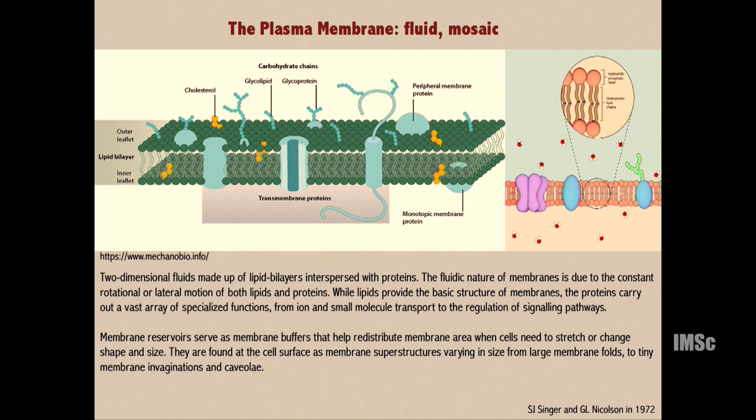What that really means, and we've learned a lot about this in recent years since Singer and Nicolson, is that you have these small nano islands of proteins, for example, that can form and disassemble because proteins and lipids within the membrane can move rotationally and laterally. And this sort of organization, as I said, allows you to localize signals.